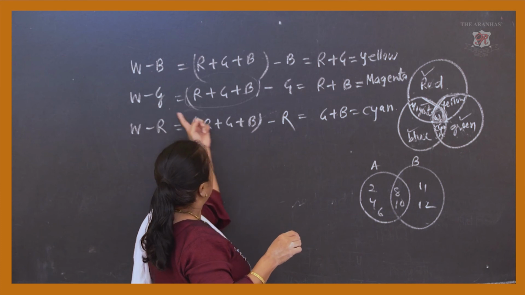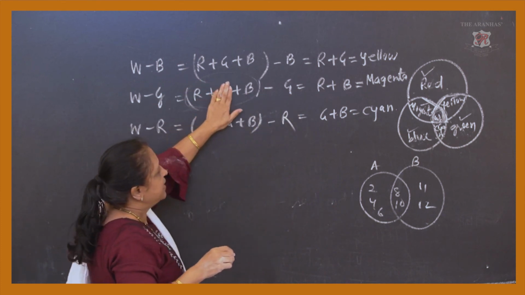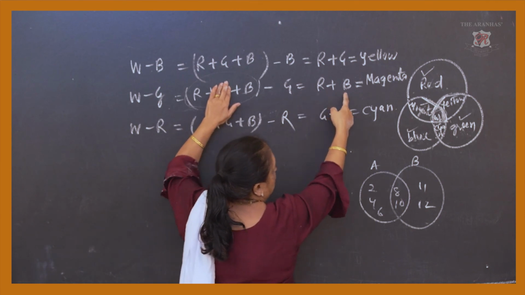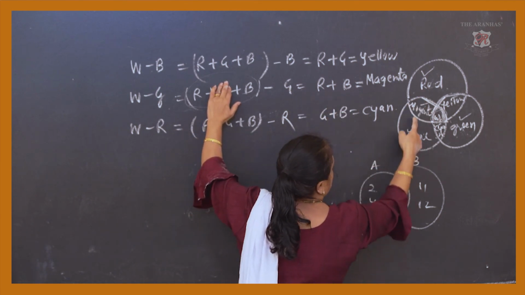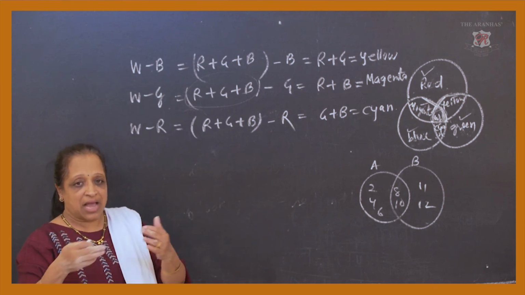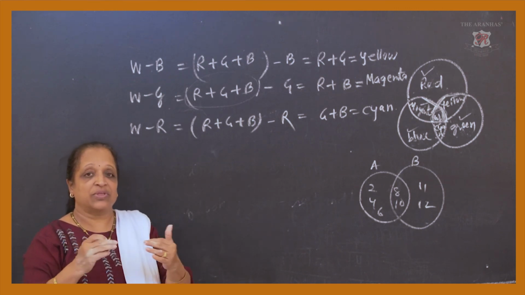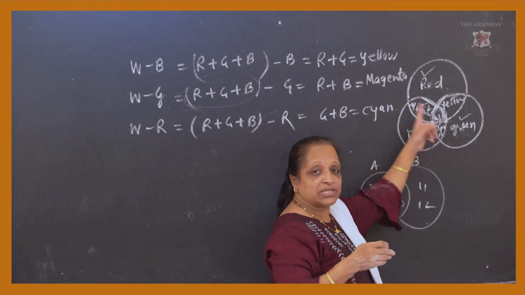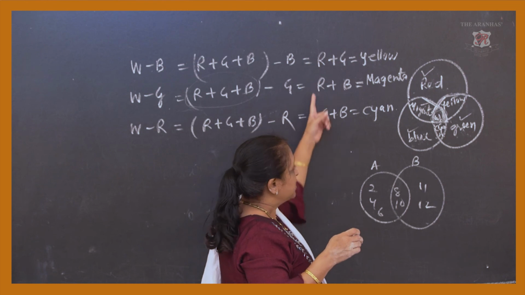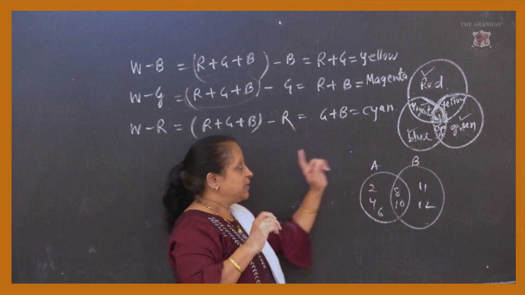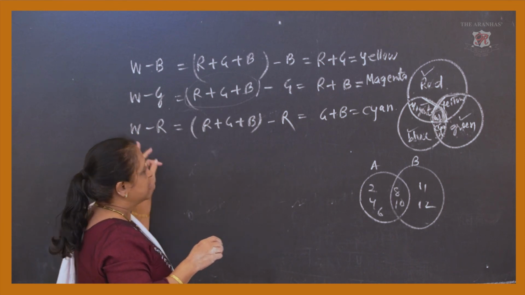So what is left with us? Red and blue, and red and blue gives you the effect of the magenta color. That is, after mixing or subtracting one of the colors, what effect do you get or which color do you get? That is what is being given in the equation form, and here it is given the diagrammatic representation.